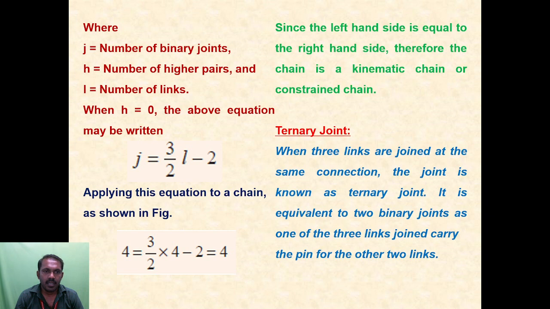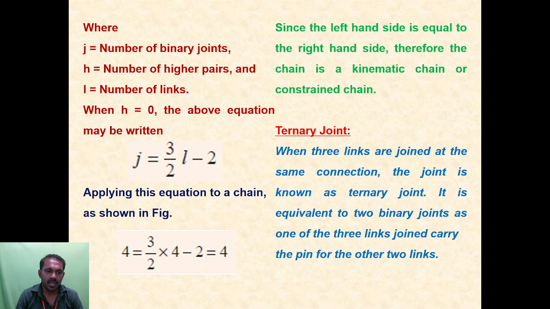Where J is the number of binary joints, H is the number of higher pairs and L is the number of links. Here, as the joints are binary, there is no higher pair, so H = 0. We substitute this H value in the equation to get the answer.